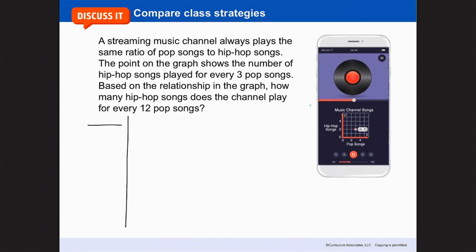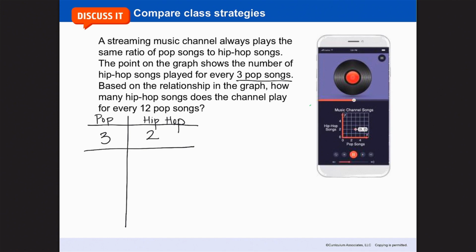I know that what we're comparing is pop to hip hop. The first value it gives me is that for every 3 pop songs, I can look over here and it shows me my values. For every 3 pop songs, I'm going to have 2 hip hop songs.